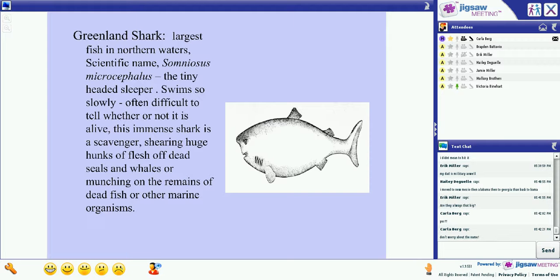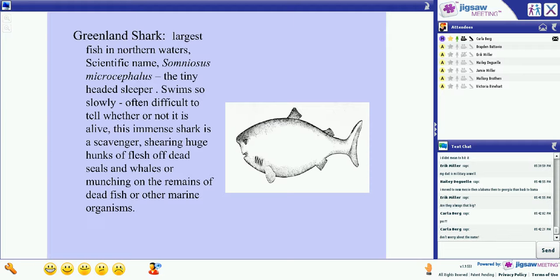Swims so slowly, often difficult to tell whether or not it's alive. This immense shark is a scavenger, shearing huge hunks of flesh from dead seals and whales, or munching on the remains of dead fish or other marine organisms.